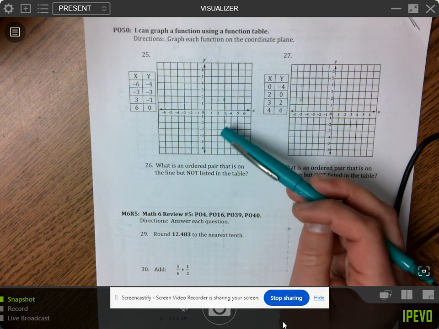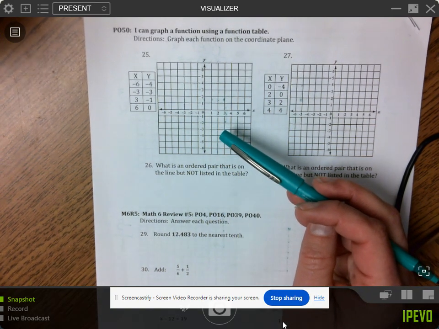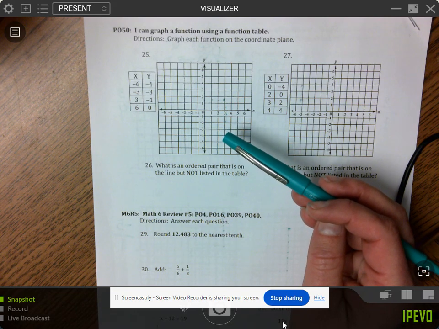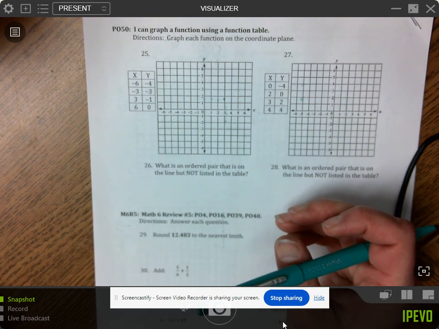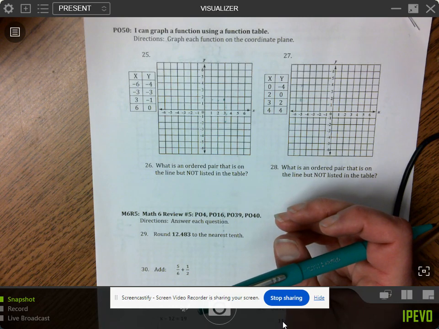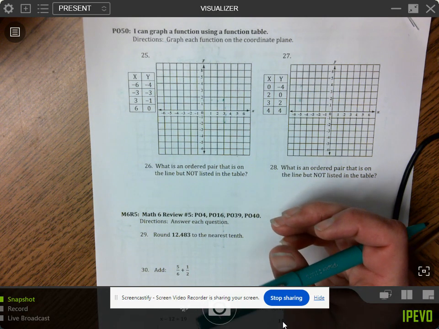When we are graphing our function, it has to be a straight line. So if you graphed incorrectly, if you did yx instead of xy, okay, then you're going to have a dot that's not in the line. That's your first clue. It happened to me when I was making my answer sheet. My first clue that I did something wrong was I didn't have a straight line. So if you don't have a straight line, go back and double check how you plotted your points.